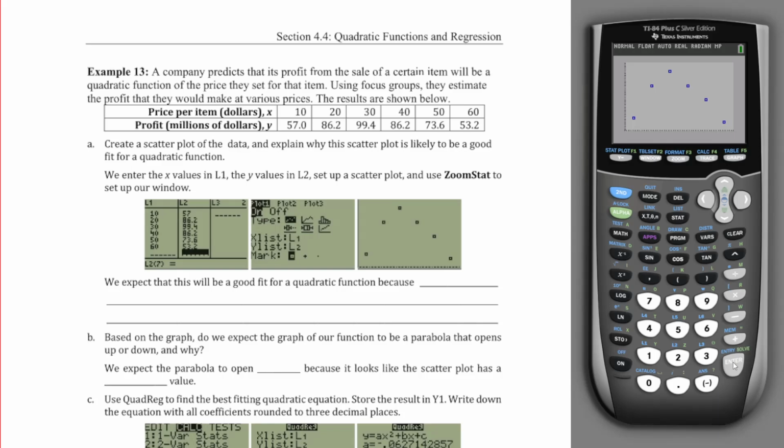Okay, and the big thing we notice in this scatter plot is it's vaguely parabola shaped. In particular, our y value increases and then decreases again.